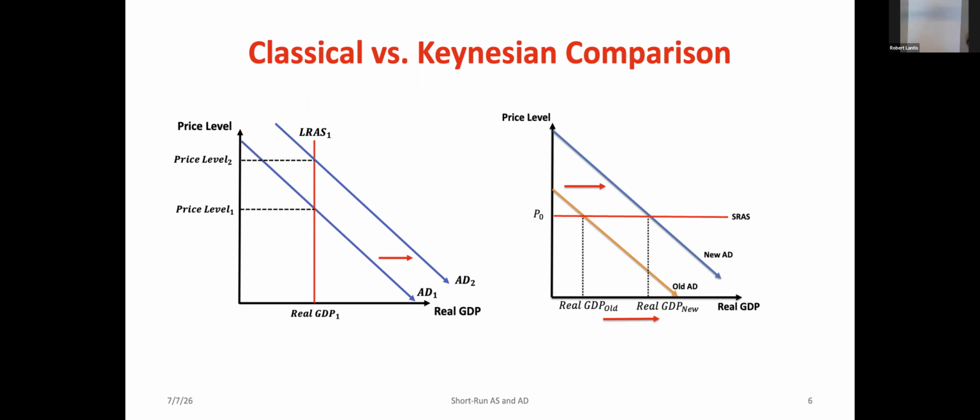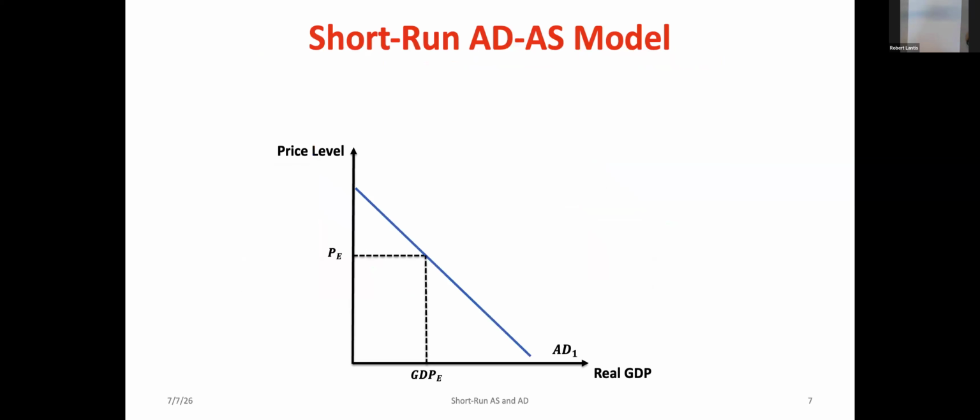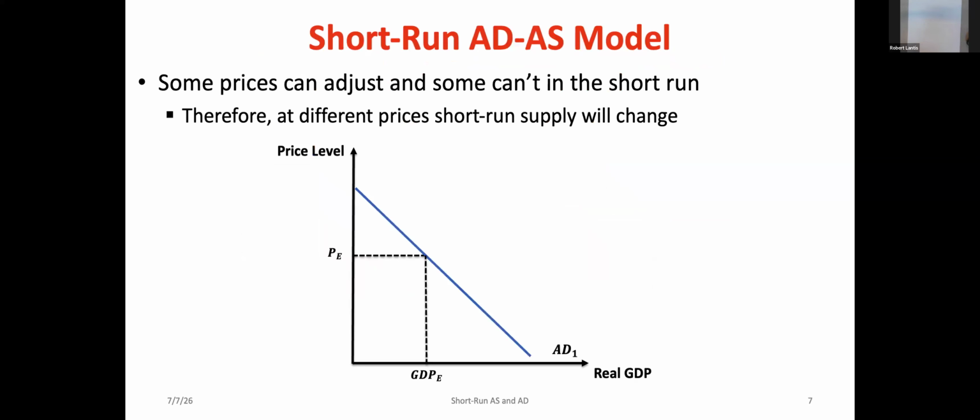We know that the truth, or our model, should be somewhere in between. And so we're going to have a short run aggregate demand, aggregate supply model that combines the two. Okay. So if my classical model had a completely vertical supply curve in the long run, my Keynesian model had a completely horizontal one, and the truth is somewhere in the middle, then the slope of my short run aggregate supply is going to look something like this, right?